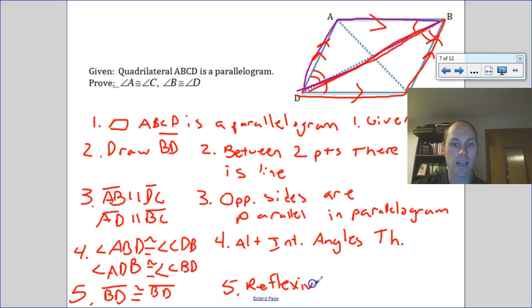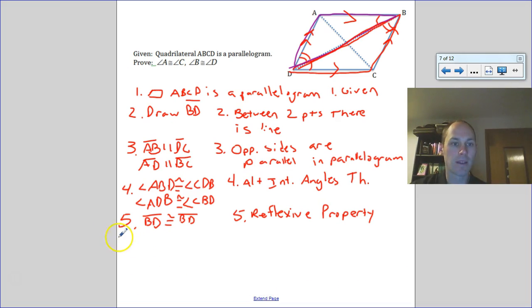So since now I have two angles and the side between those two angles, I can say the two triangles are congruent by angle side angle. So I can say now that triangle ABD is congruent to triangle CDB.